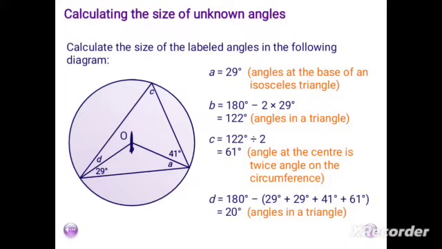So that means we can take 180 minus, if you add all the given angles that we have so far gotten, you will get 160 degrees. So 180 minus 160, the value of angle D remaining is 20 degrees, with the same reason of angles in a triangle adding up to 180 degrees.